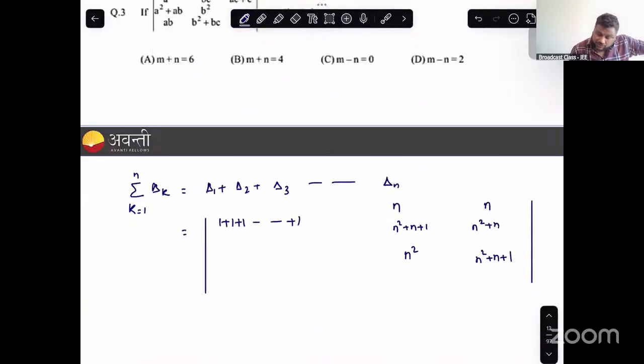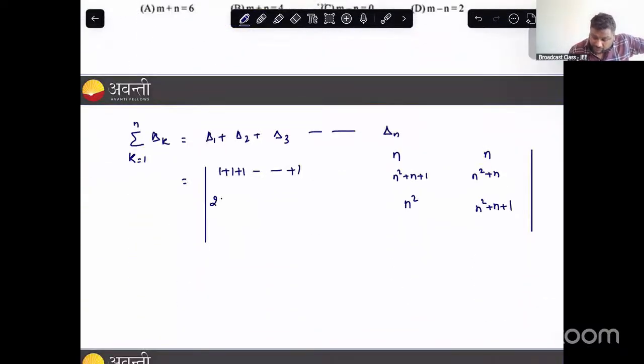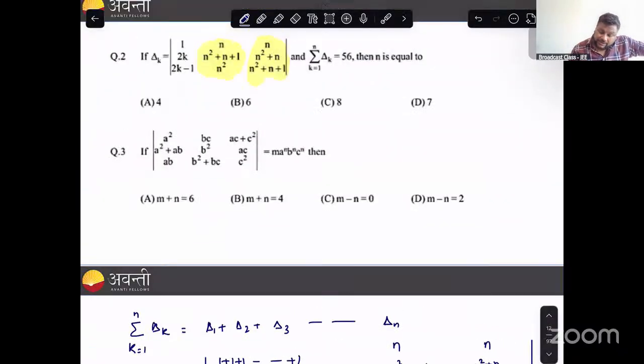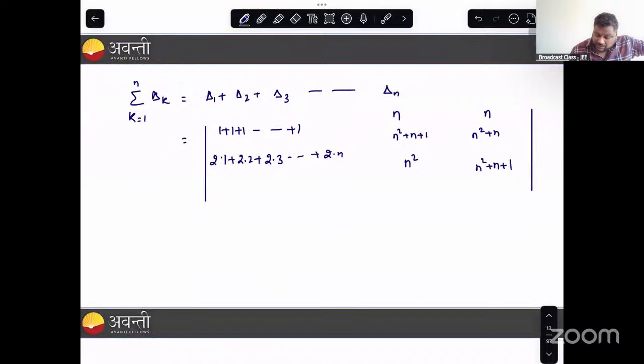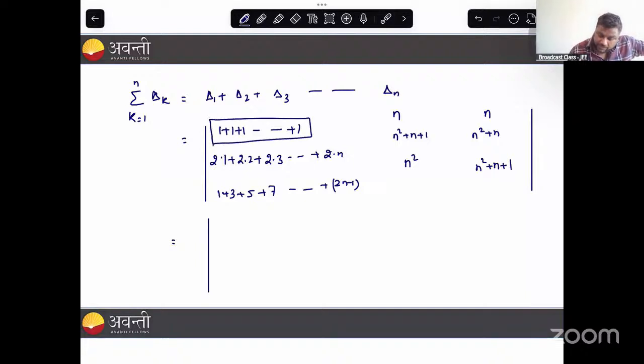Then it is 2k. So it is 2 into 1 plus 2 into 2 plus 2 into 3 and so on 2 into n. And then it is 2k minus 1, that is 1 plus 3 plus 5 plus 7 and so on 2n minus 1. Now tell me the sum for this particular row. 1, 1, 1 adding n times. Answer is n.